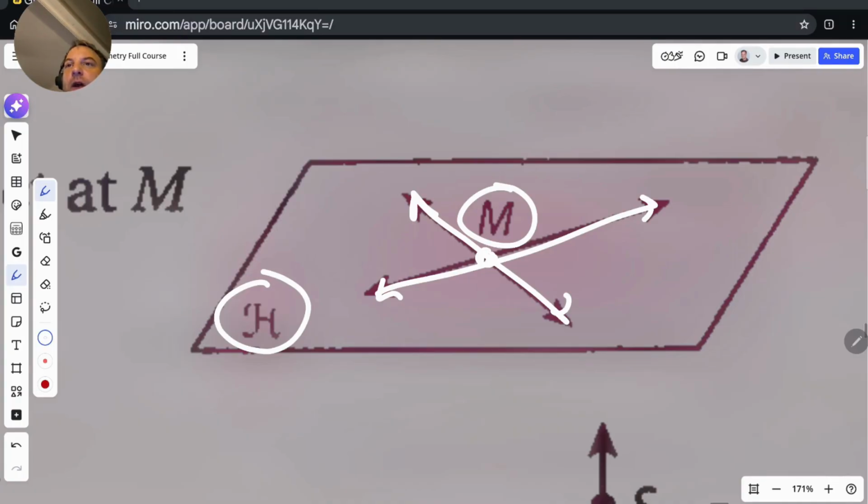We'll label that parallelogram with our script H, or just write H if you can't make a script, that's fine. And inside the plane, draw two straight lines with arrows on both ends of each that cross at one single point, and we'll label that crossing point M.